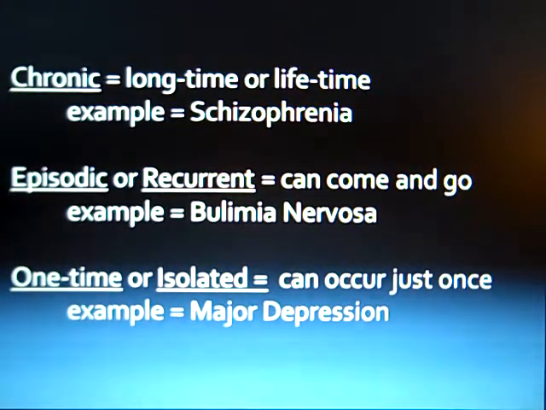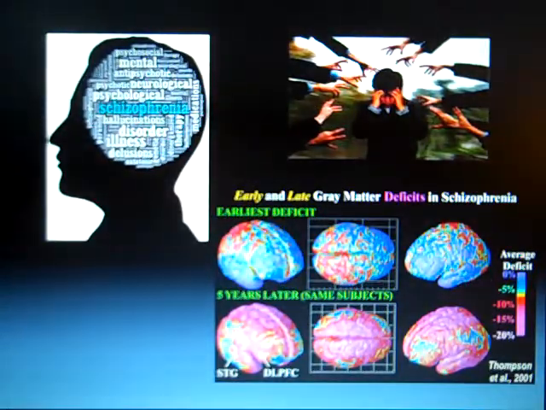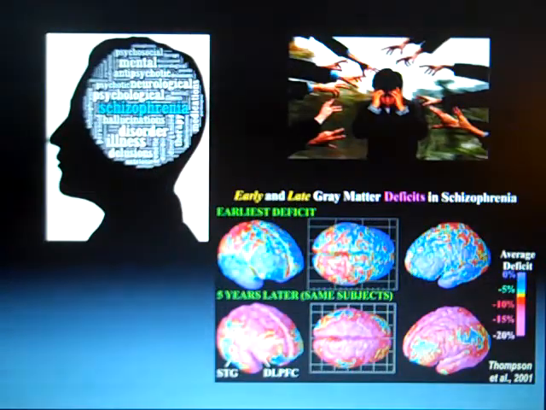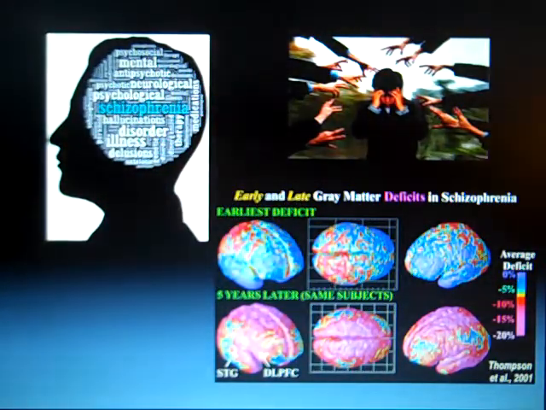And then you have the one-time or isolated. So sometimes people suffer from a mental health disorder that's just a one-time thing. Some anxiety disorders. Sometimes depression, for example. And I would know those courses, those delineations of course: chronic, episodic, and isolated. I would have those in your notes somewhere. So there's some images of schizophrenia, which tends to be chronic.